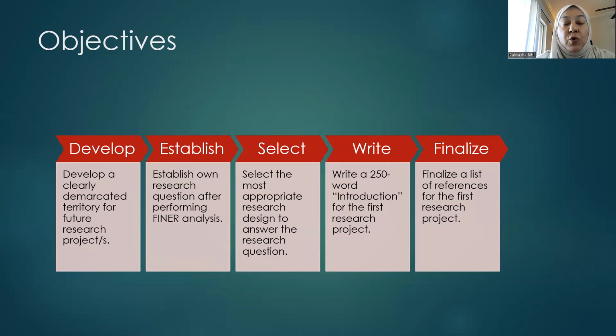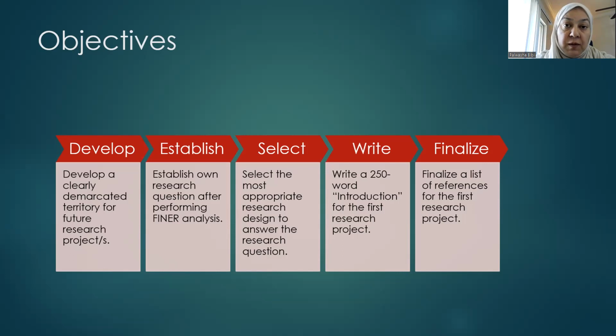Then establish your own research question. Most of us may know, we want to do research. Yes, we want to do research. We may be able to give the time, 1 hour per day. Yes, we are able to give the time. As professionals, we can make time and we can try our best to give, maybe half an hour, maybe 1 hour for research.